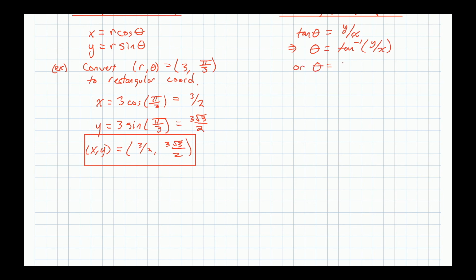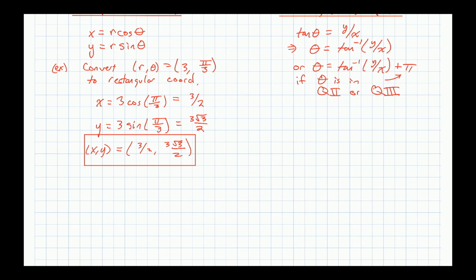So theta equals tan inverse y over x plus pi. That's just if you need it to be in the right quadrant, if theta is in quadrant 2 or quadrant 3, anything outside of negative pi over 2 to positive pi over 2, which is quadrants 1 or 4.